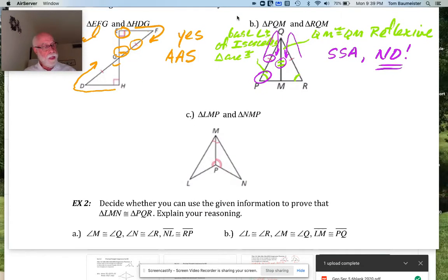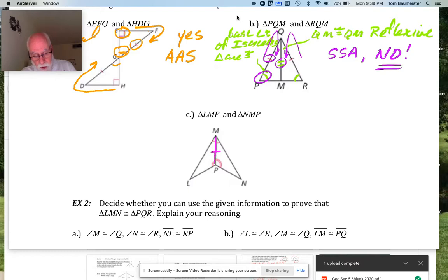All right, and this last one here, same kind of thing. Let's go. So again, we know that this side is equal to itself. All right.